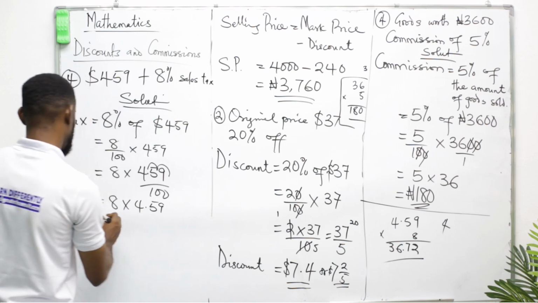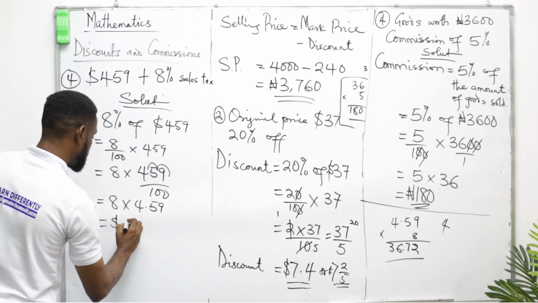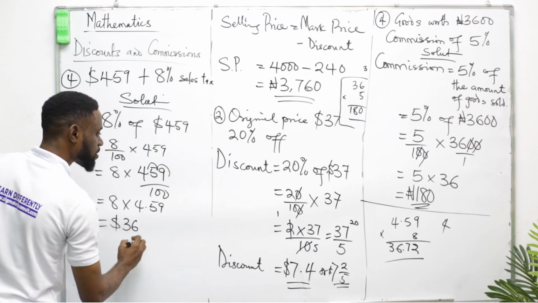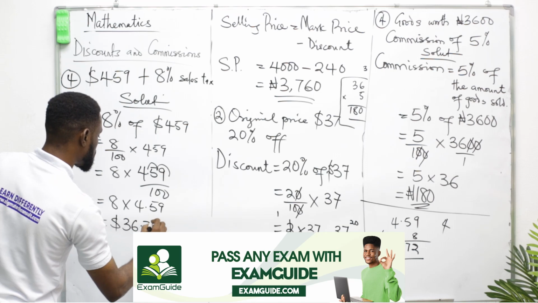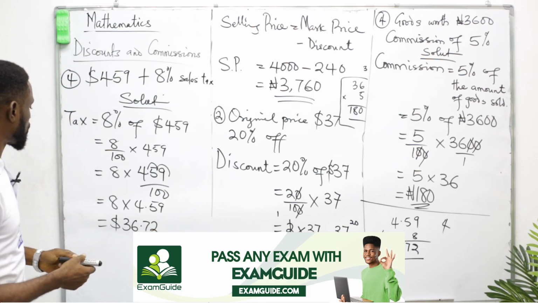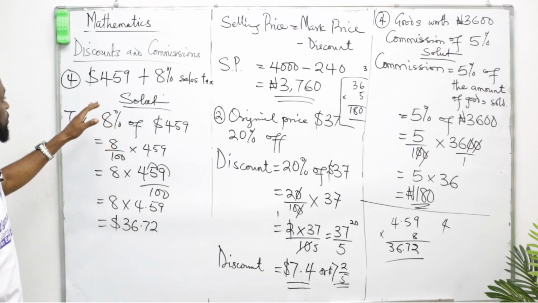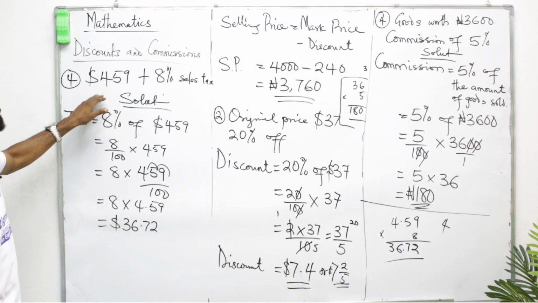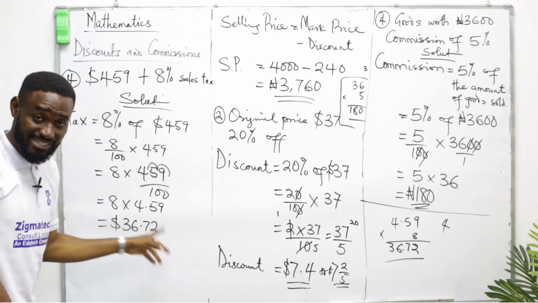So this is equal to $36.72. So the tax on this particular amount is 36.72. This is the tax.